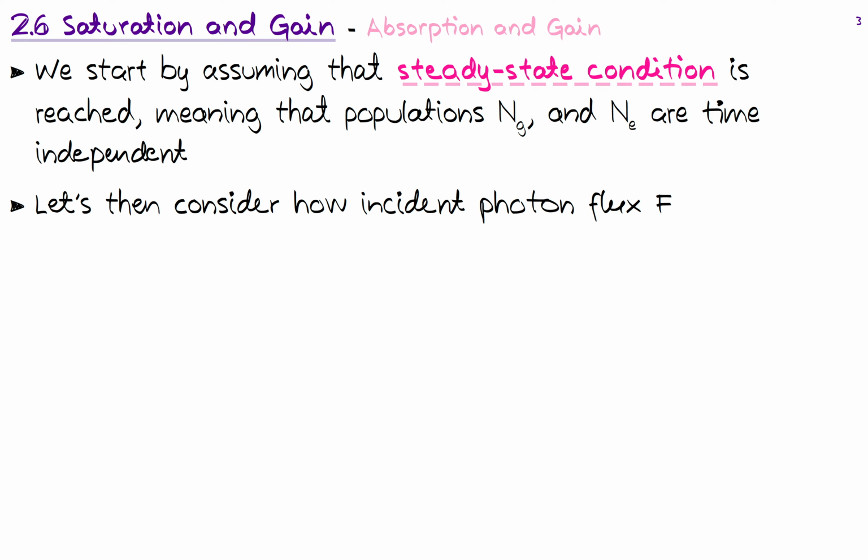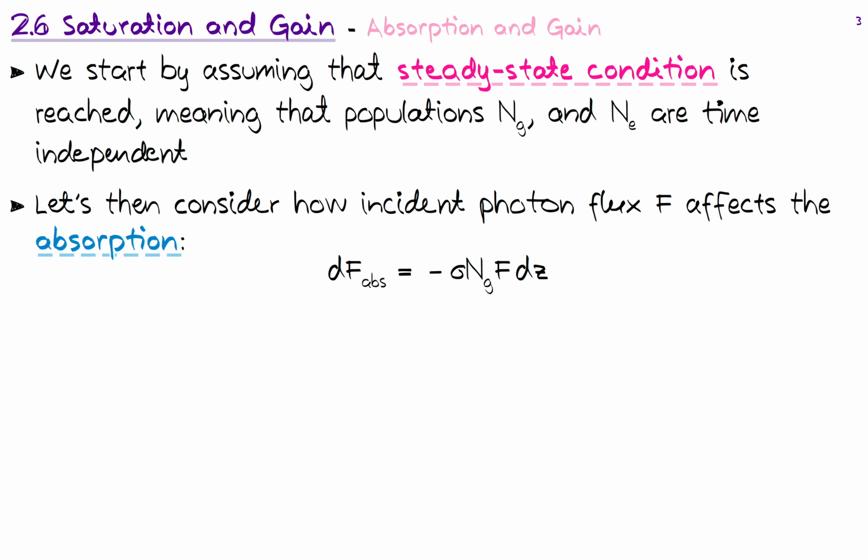We are keeping an incident photon flux hitting the material, so F is still affecting the absorption. And if we look at the differential change in the absorption, we can write this term here. What this physically means is that we have incident photon flux, and we want to understand how the photon flux is being changed due to absorption.